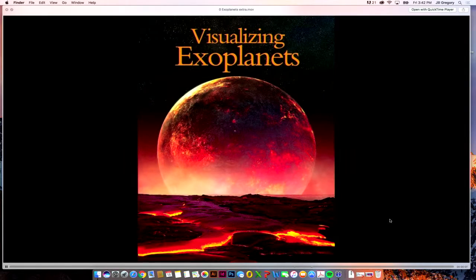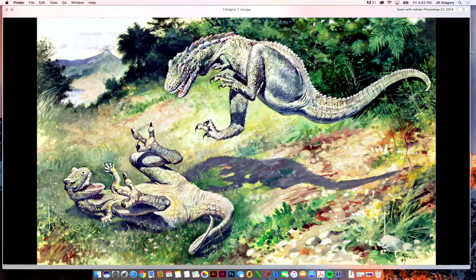Visualizing planets, exoplanets especially, as you'll see later in my talk, is where I spend most of my days after leaving Scientific American. This first piece that I have here for you shows a painting by the father of paleo artists, Charles Knight. It's called Leaping Lizards, and it depicts a T-Rex leaping on top of another T-Rex.